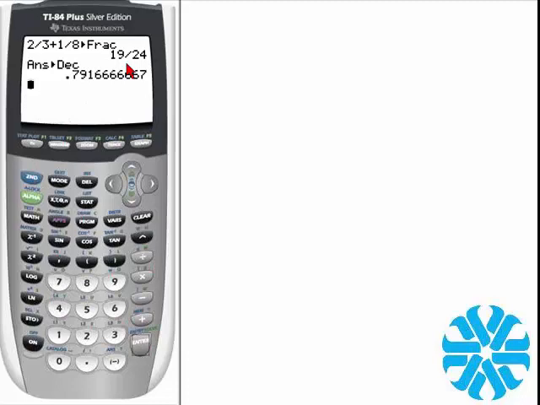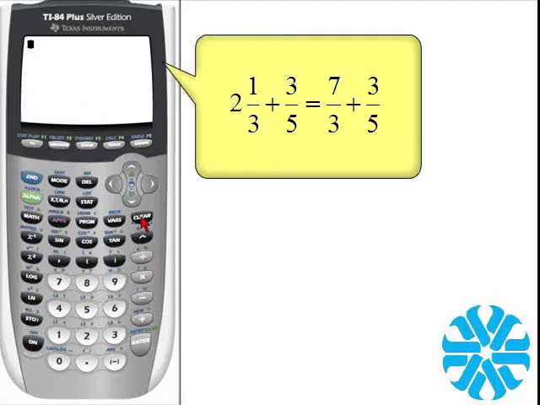So let's look at another example. Let's first clear the screen. And let's take 2 1/3 plus 3/5. Now 2 1/3, the calculator can't input mixed numbers. So the first thing that you would need to do is convert the mixed number to an improper fraction.